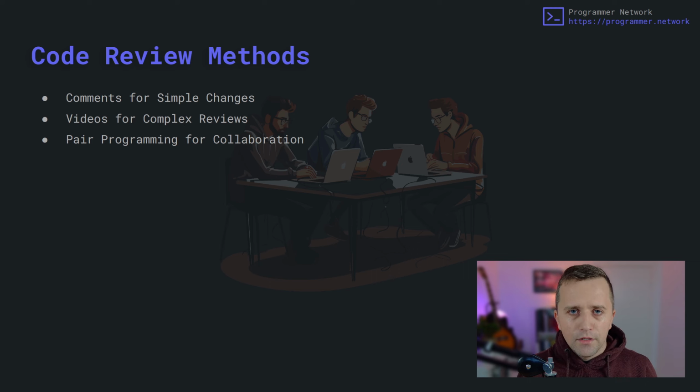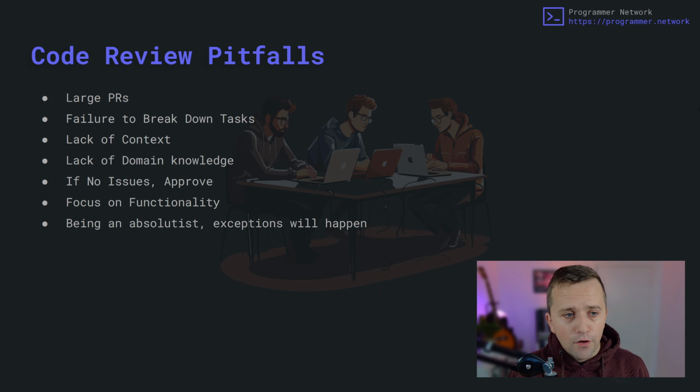This is an opportunity for you and your team to sit together, either in a pair programming session or a workshop, and go through things together. Even if it takes a couple of hours, it's probably worth it, because the feature is big enough to justify that. So in simple words, I would say comments for very simple things, videos and pair programming for more complicated things. All right, let's move on.